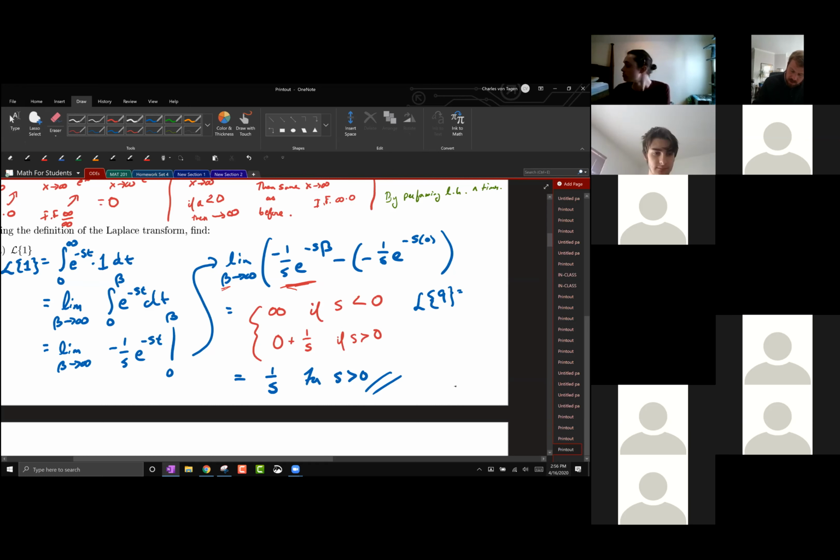Well, that's just 9 times the Laplace transform of 1, since constants factor out of a linear operator, and we just said that the Laplace transform of 1 is 1 over s. So what's the Laplace transform of 9? 9 over s for s greater than 0. Edward's exactly right. We've got to add that s greater than 0 there.